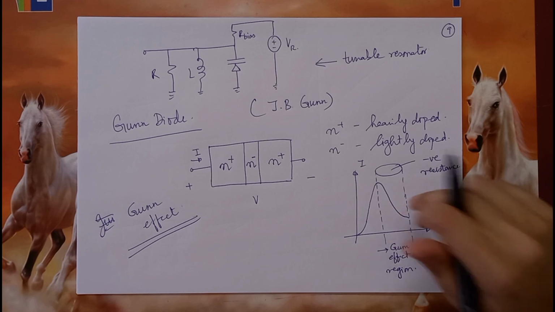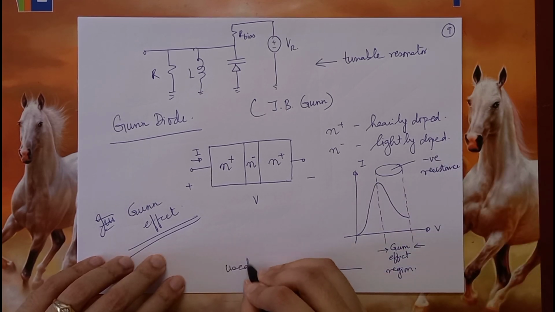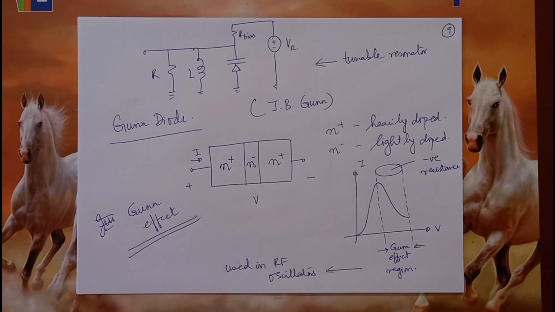Therefore, this Gunn effect is used in oscillators and synthesizers. Or rather, at one point of time, they used to be used like this.